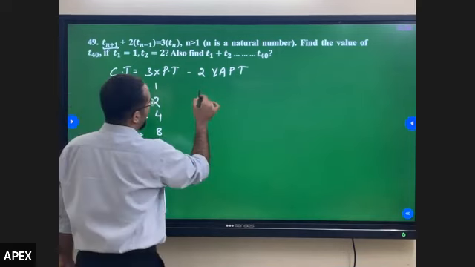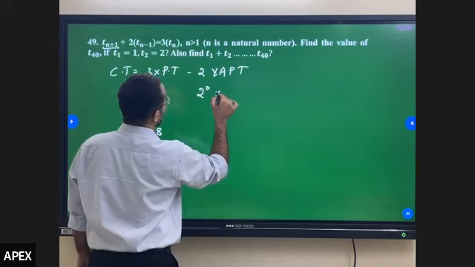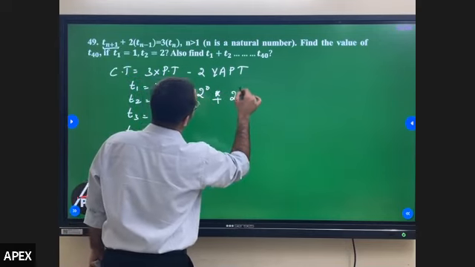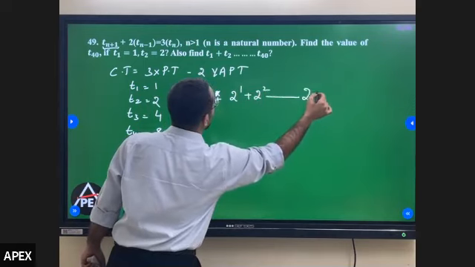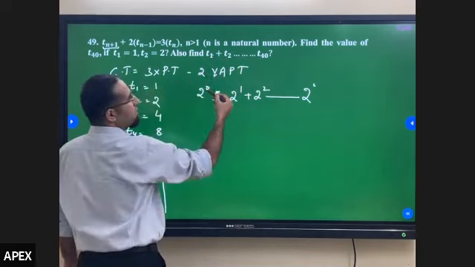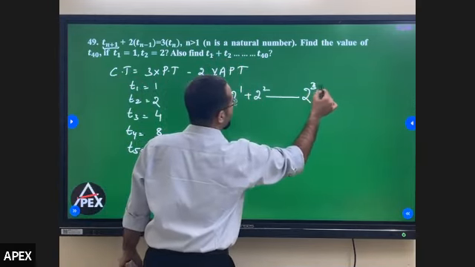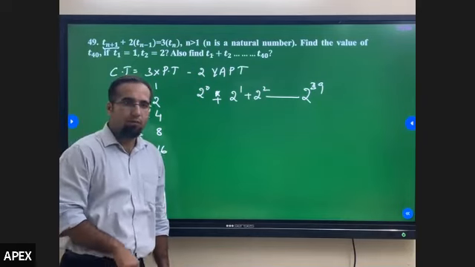Clear? So I have 2 to the power 0 plus 2 to the power 1 plus 2 square and so on, till 2 to the power 39, since 1 is 2 to the power 0.